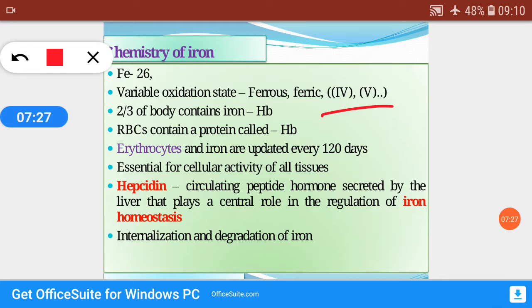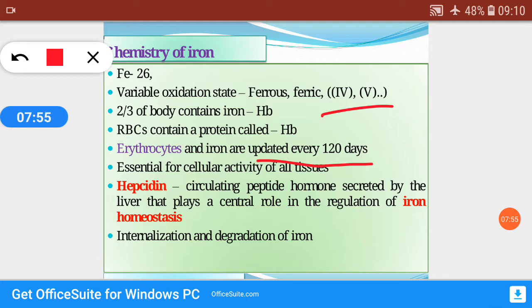Okay, so the erythrocytes and iron are updated every 120 days. This essential nutrient is very essential for cellular activities of all the tissues. It is also present in myoglobin, which is responsible for the storage of oxygen.